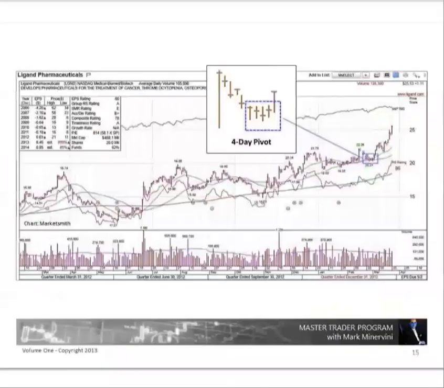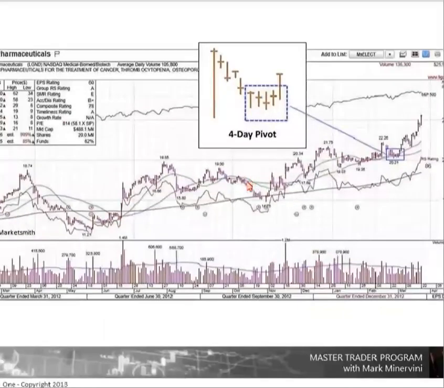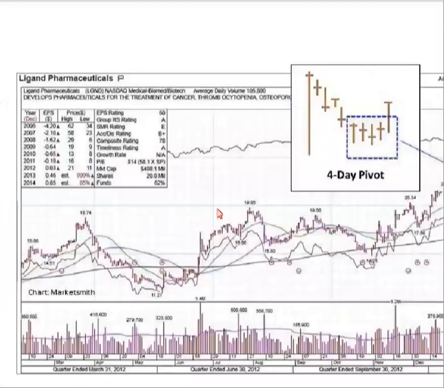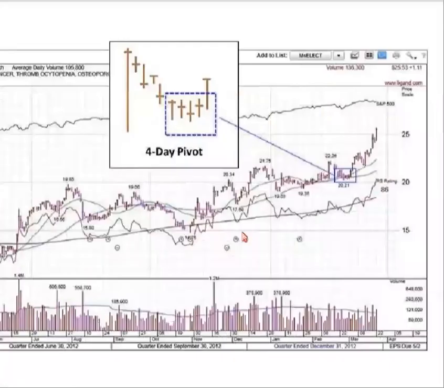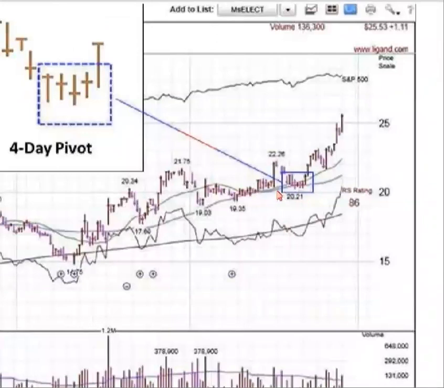Here's another one. This was LGND, of course, Ligand, I guess they call it, pharmaceuticals. So you can see here that, and this is not exactly this, this is drawn in just to show an example, but you can see how we get very tight here as we break out, then we pull back, we tighten up, volume comes in considerably.